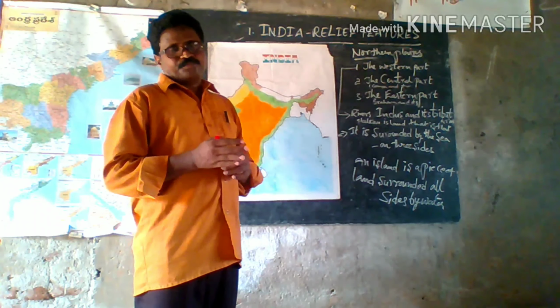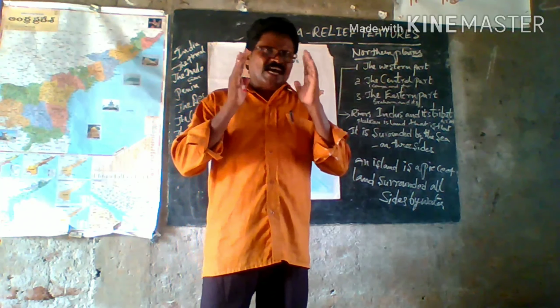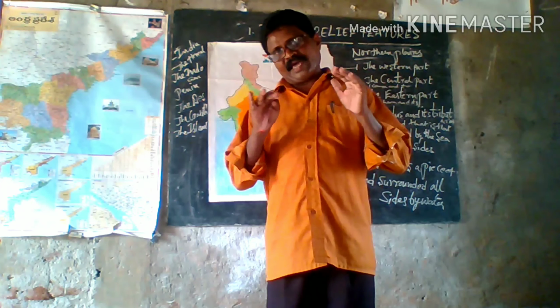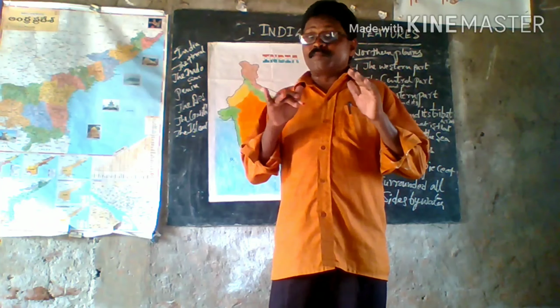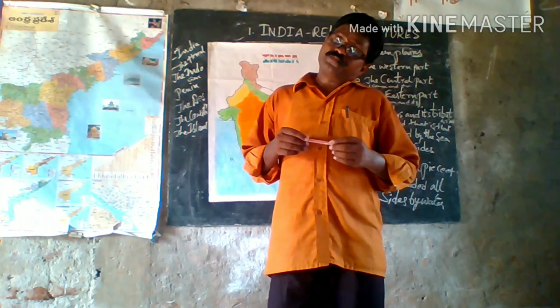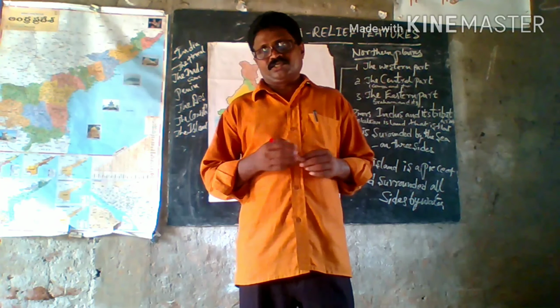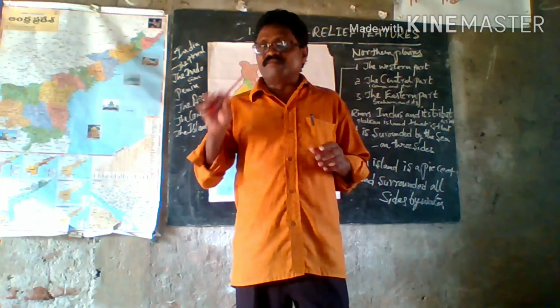First of all, the Himalayas can be divided into three parallel ranges, and the northern plains can also be divided. First of all, what are plains? Plains are flat and level lands.